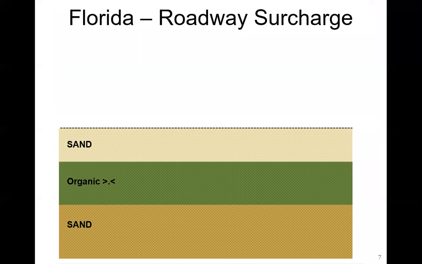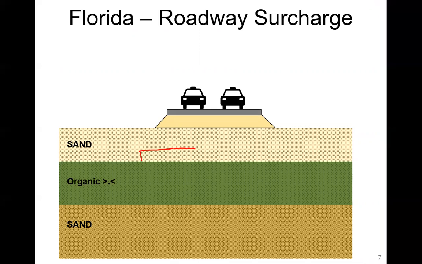So if we were to look at a cross section of what is actually happening here, again, we have this layer of organic soil and we need to put a roadway on it. This roadway is going to have an embankment. It's going to have live loads from the traffic, which means it's going to cause some type of increase of stress from this live load and from this embankment at this organic layer, right?